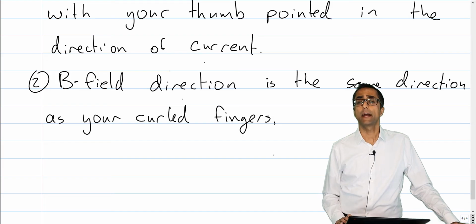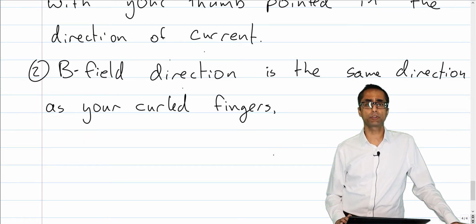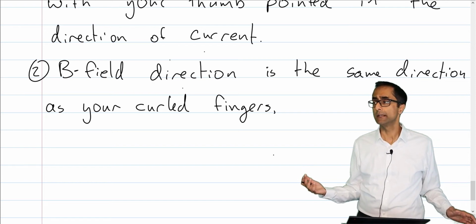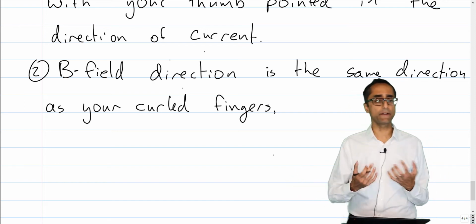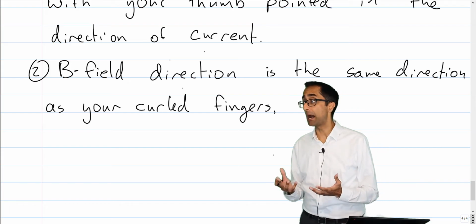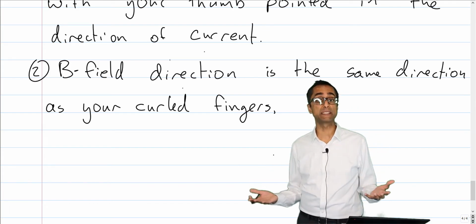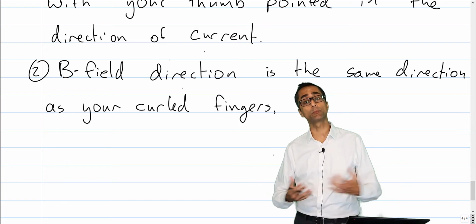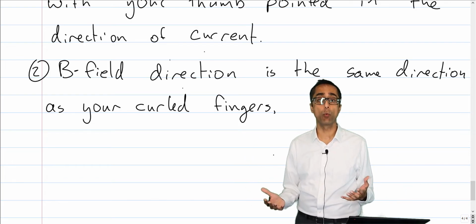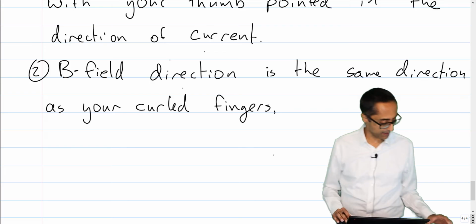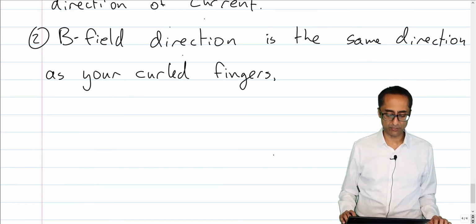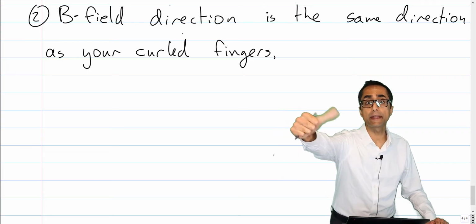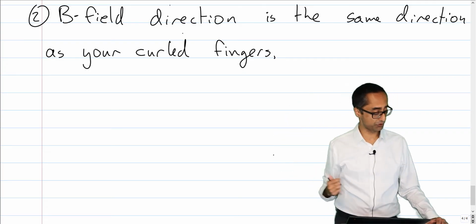All right, and so it might seem pretty straightforward if you actually had a wire to figure out which way the magnetic field was going, but oftentimes you're going to be evaluated by a wire on a piece of paper, and so you have to be able to tell the direction of the magnetic field by looking at a drawing of the wire. And so before we get any practice with that, we need to be able to tell directions that are coming out of the page and going into the page as well.